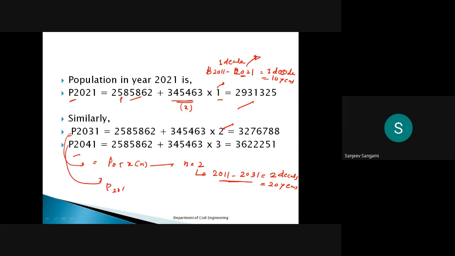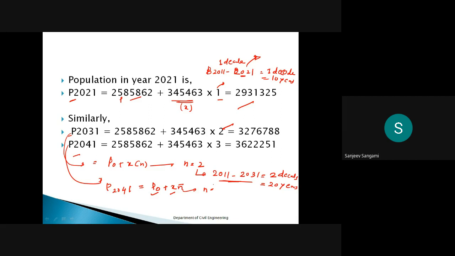Similarly, for P at 2041, it will equal P naught plus X N. This will be constant, and your N will be 3. Why will it be 3? We know the last known decade population, that is 2011, and we want to calculate it for 2041.